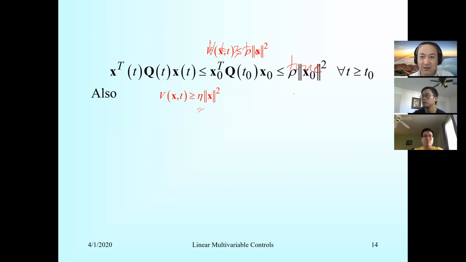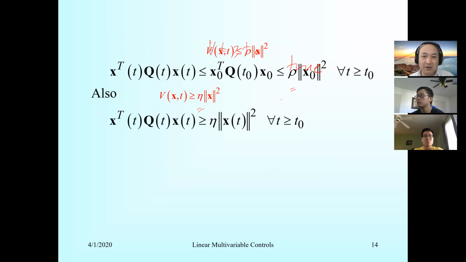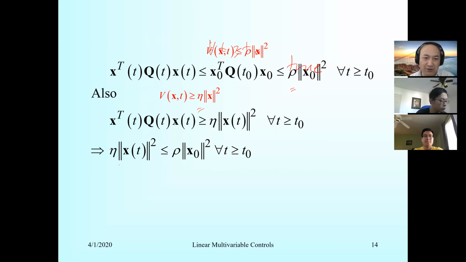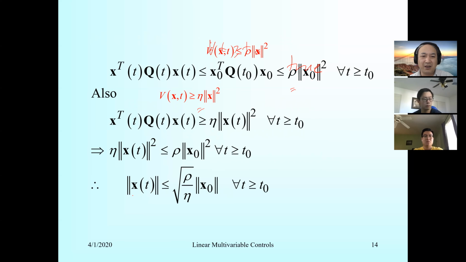I use eta and rho. Therefore, we have the norm of x always less than the norm of x0. So for all the solutions, they will be bounded by this. By doing that, you can now use epsilon-delta language.